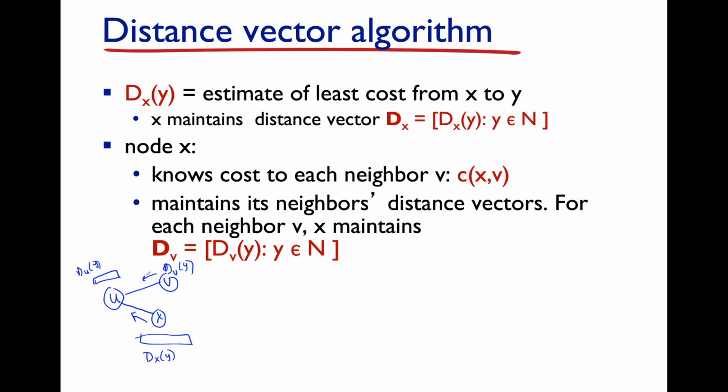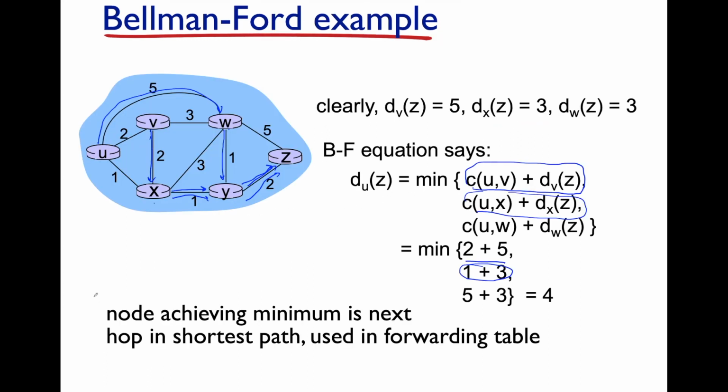Okay, so if I have the distance vector of my neighbors, and I have the cost of the links, cuv, and the cost cux, I have the cost for each link between me and each one of my directly connected neighbors, then I have everything I need to do this Bellman-Ford update.